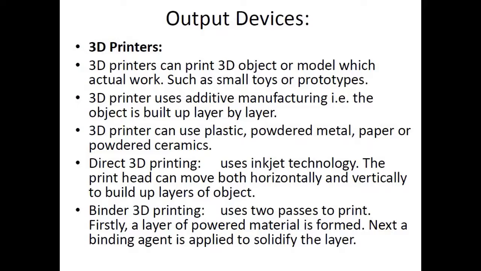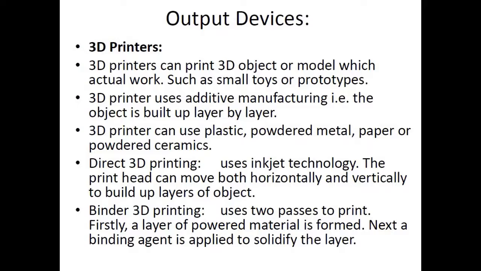In direct 3D printing, it is the same as inkjet technology. The print head can move both horizontally and vertically. There are basically two print heads, and they move along the X, Y, and Z axes in order to print something layer by layer.